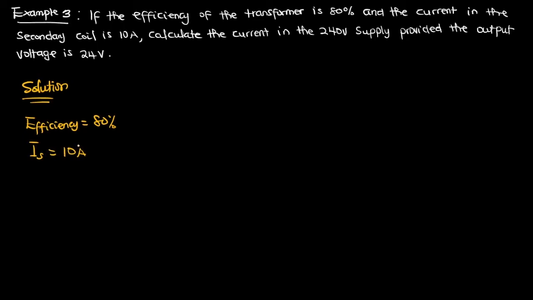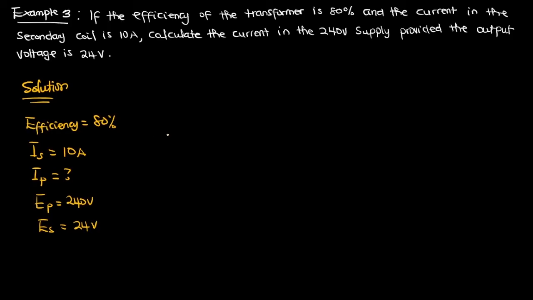We have to calculate the primary current, which we don't know, in the 240 volt supply. So supply means what? EP is 240 volts. If the output, which is ES, is 24 volts. Are we okay?